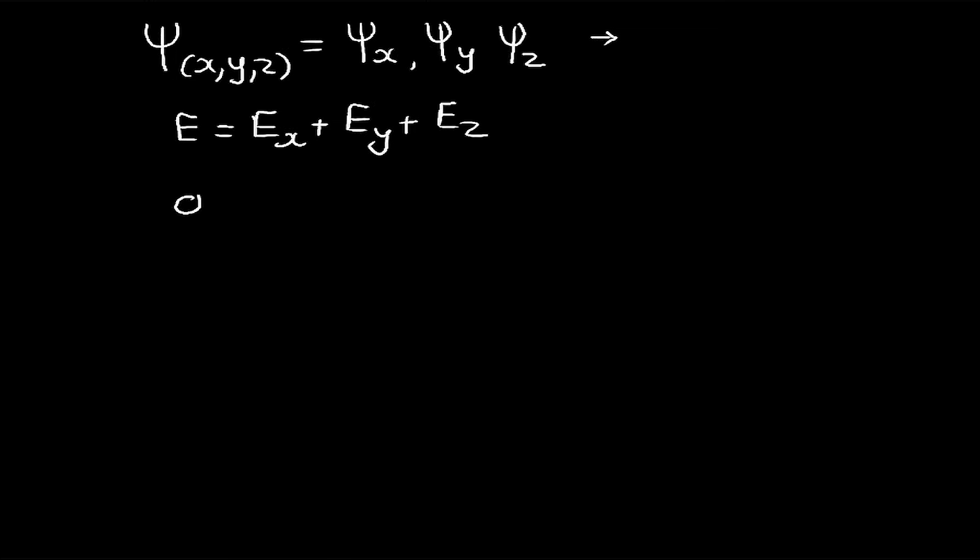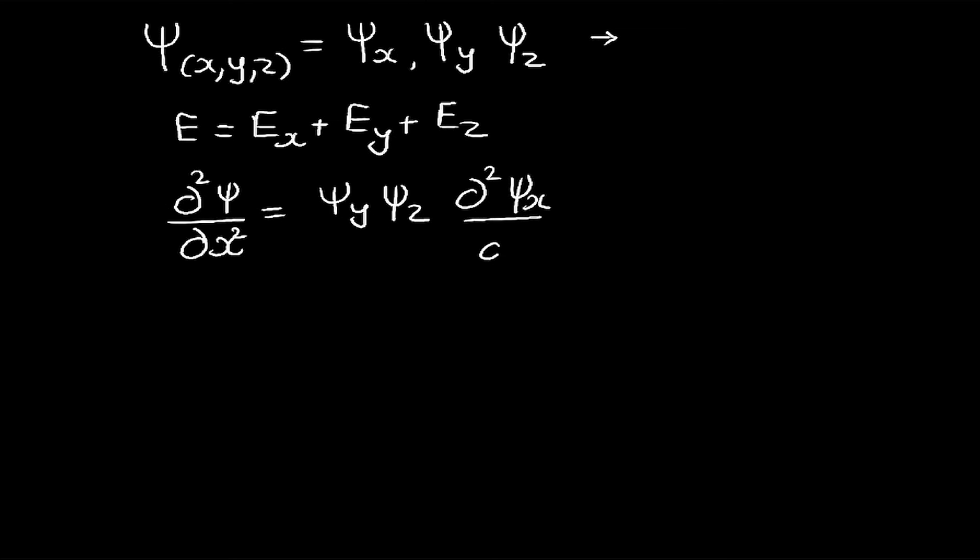So when we differentiate this expression with respect to x, then we will have d square psi by dx square is equal to, now both of these are constant, so we will have psi y into psi z, and we will have d square psi x by dx square.